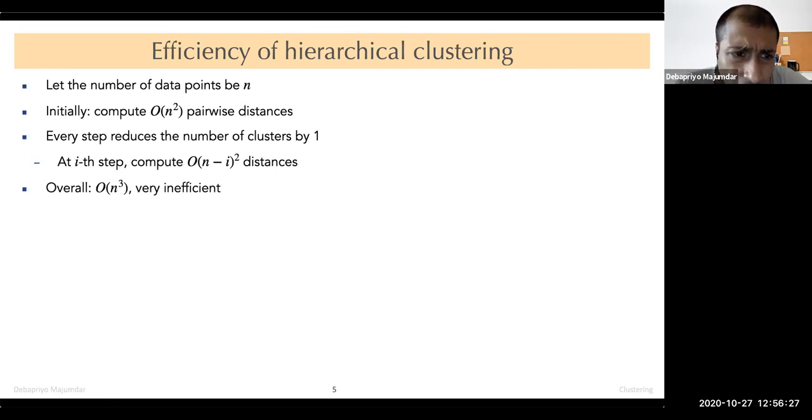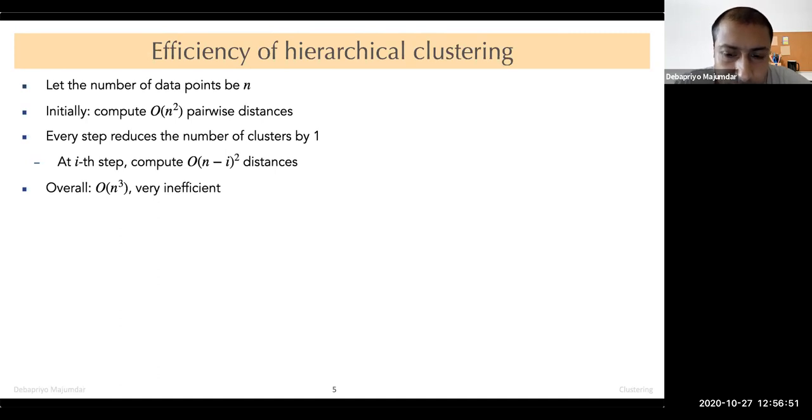This is overall order n cube, and it's very inefficient. Obviously, one small detail we are omitting here that will not change the complexity is that once you compute the pairwise distances, you have to figure out the minimum distance. You can naively sort the n square distances, and that will be n square log n. Or you could do something like a priority queue, right?